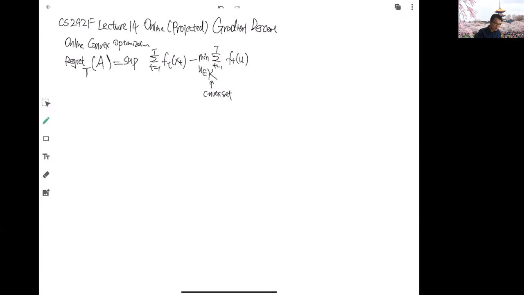So in some sense, we're taking the sup over all sequences of convex functions, where each one of them is in some family of convex functions.